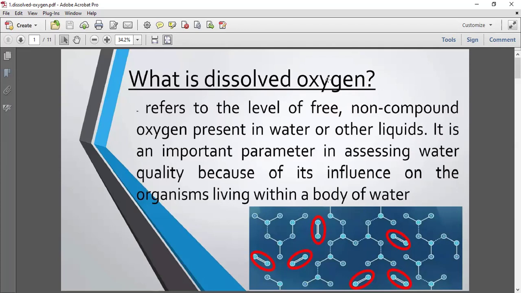So, if you want, you can write this one. I will give some time. What is dissolved oxygen? This is an exam type of question. You note this one.